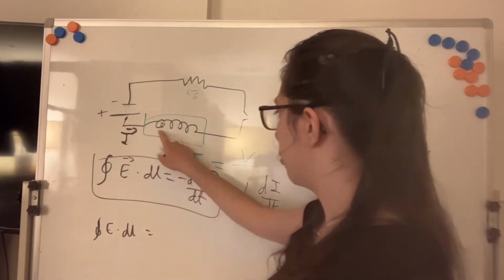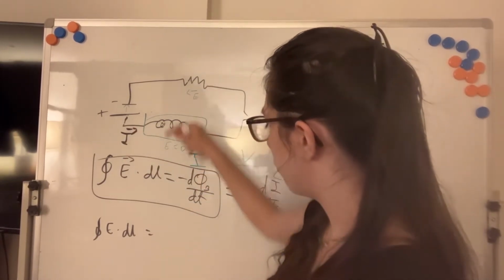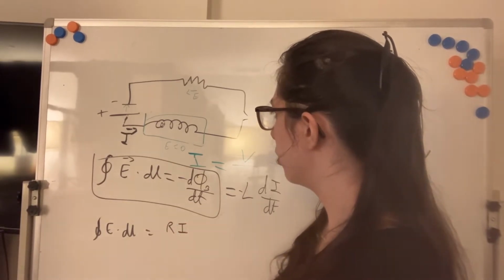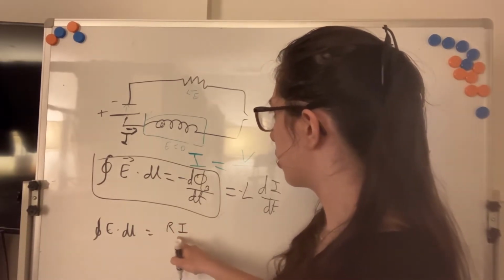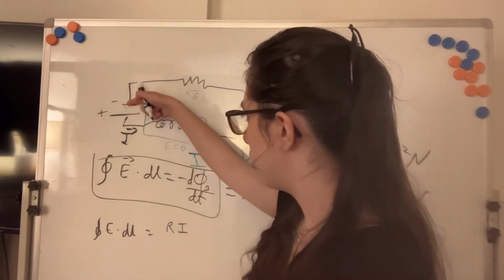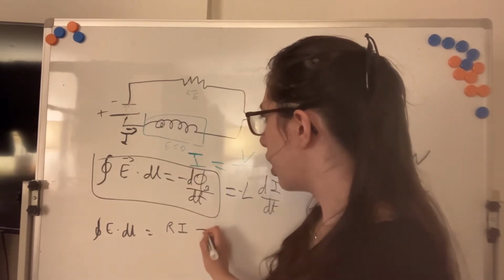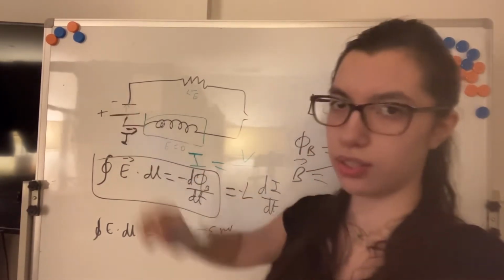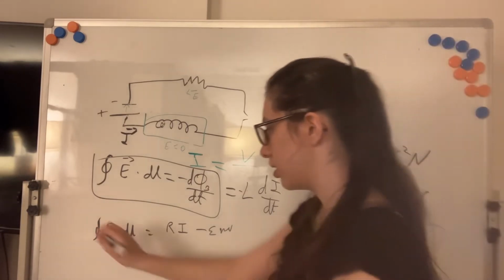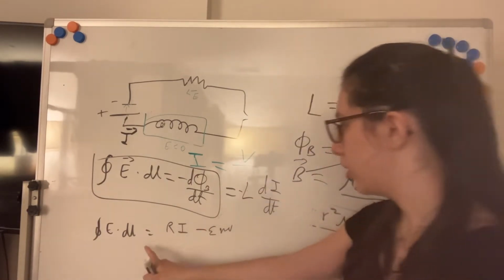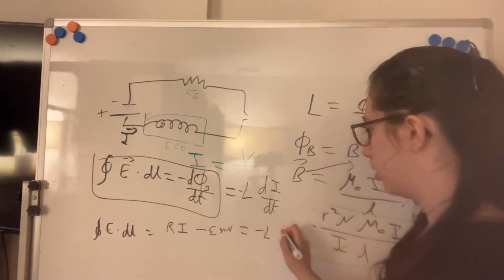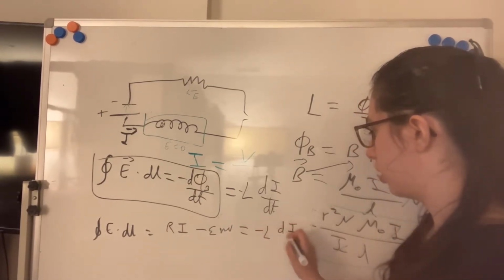So I have, if the inductor is zero, here I have a resistance and current, and then here I have a negative electromotive force. It is negative because we're going against the electric field. This is the equation. Now if we equate this to this, we have a negative L dI/dt.